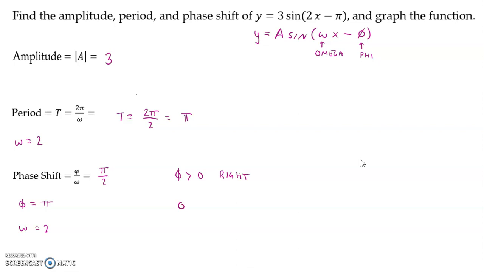If your phi value is negative, then your graph is going to be shifting to the left. So keep in mind, in our problem our phi value was pi, which is positive. So we're going to be moving to the right pi over 2 units when we go to graph this function.